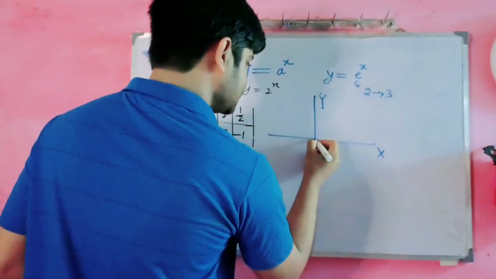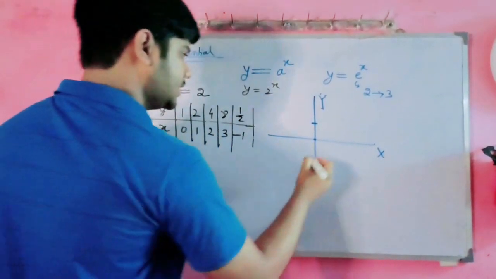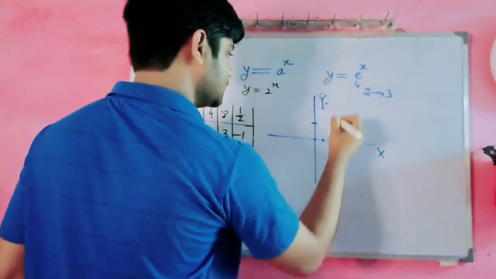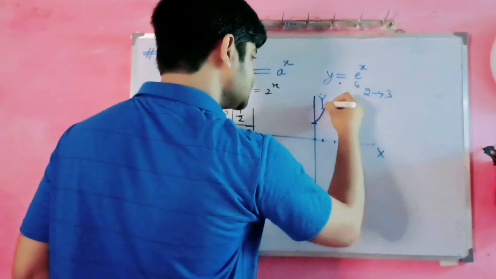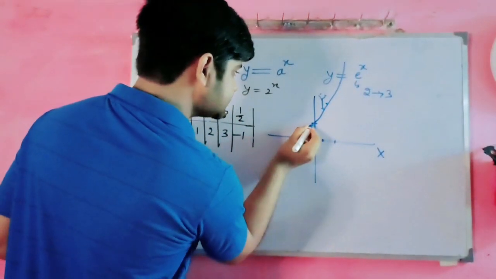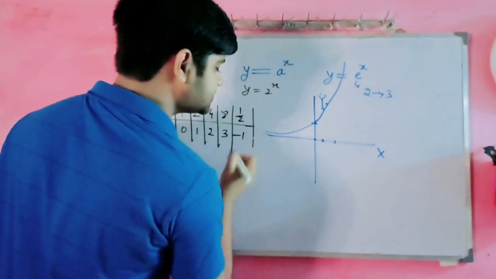When x equals 0, y has a value of 1. When x equals 1, it has 2. When x equals 2, it has 4. So it is an exponential graph. This graph looks something like this, and in the negative x direction it becomes asymptotic.